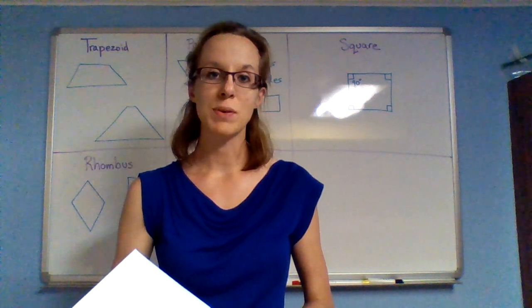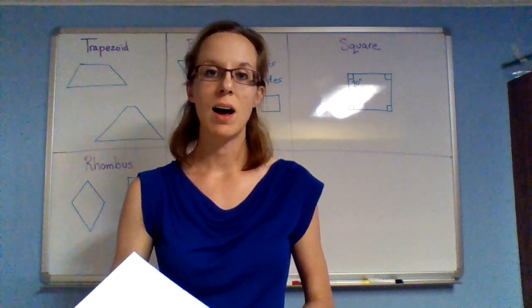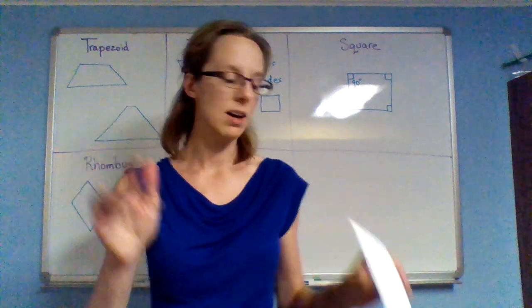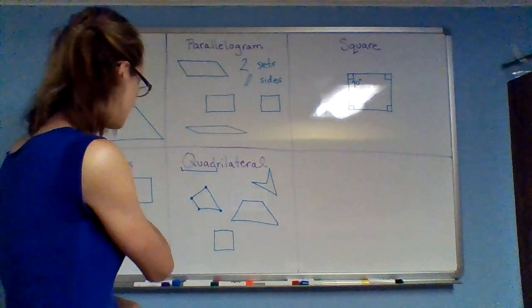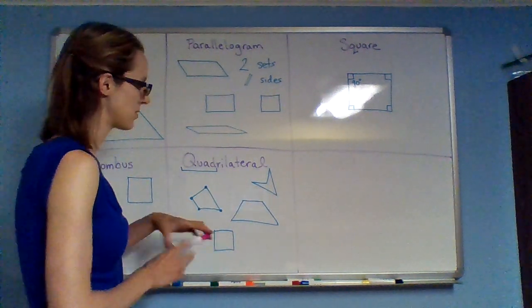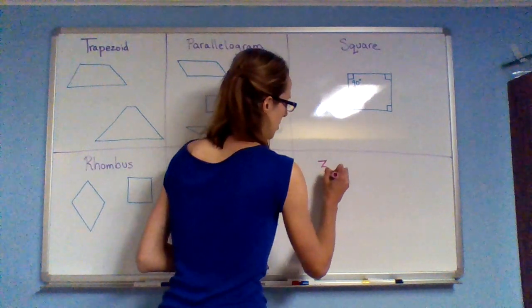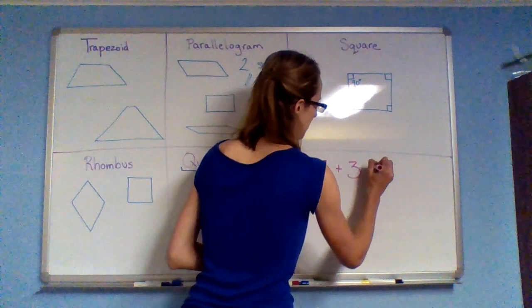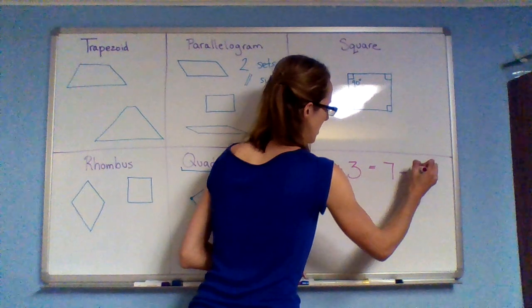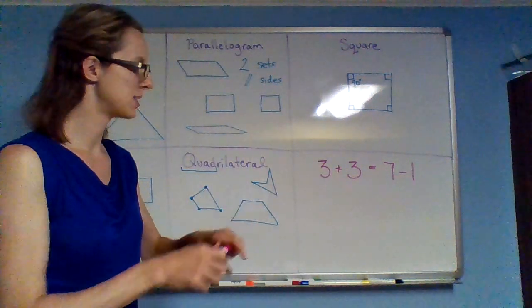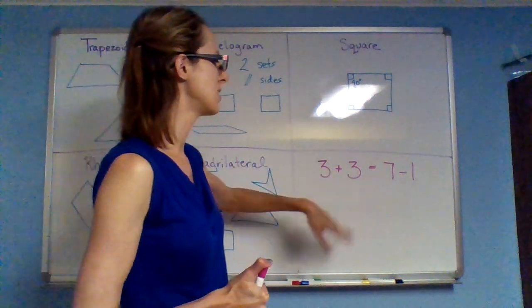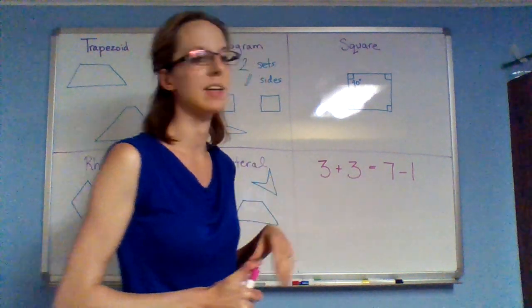Your digital practice for today is to compare two sides of an equation and determine whether they are equal. So it might say something like 3 plus 3 equals 7 minus 1. You would solve the left side and get 6. You would solve the right side and get 6.